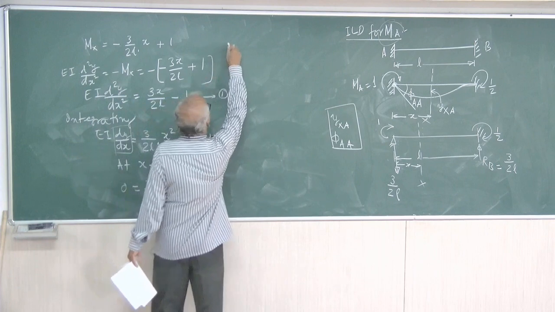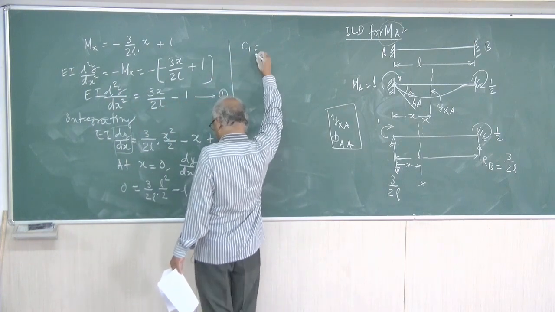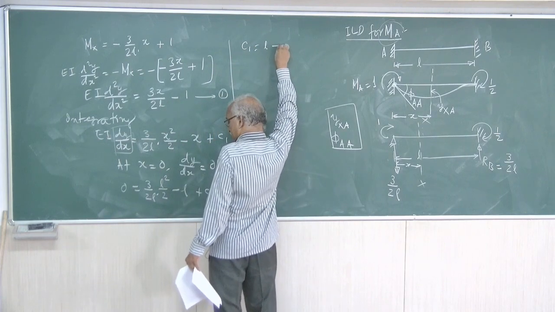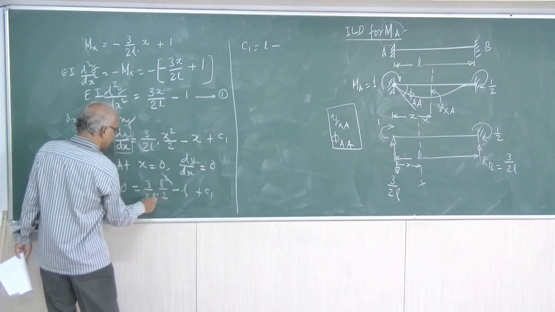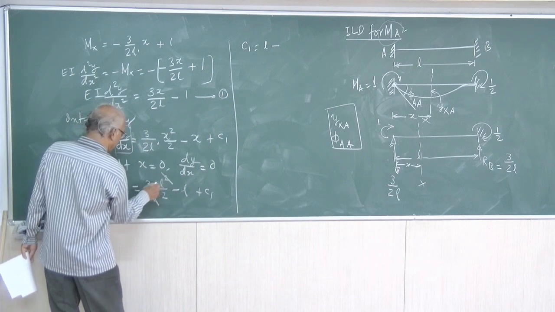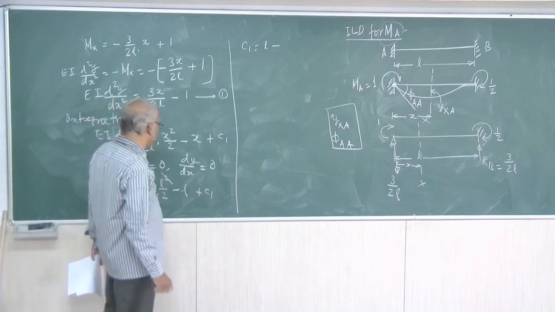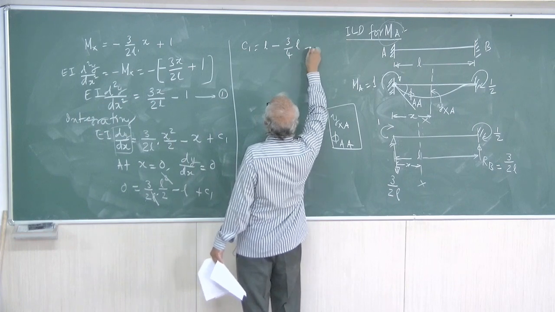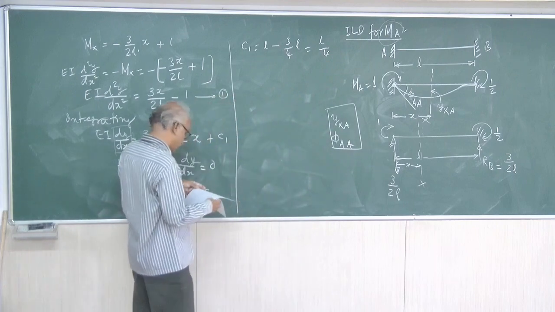Therefore, C1 equal to, when this is taken to the other side, L minus, this L and this L will get cancelled. So this will become L by 3 by 4L, on the other side it will become minus 3 by 4 L, so C1 equal to L by 4.